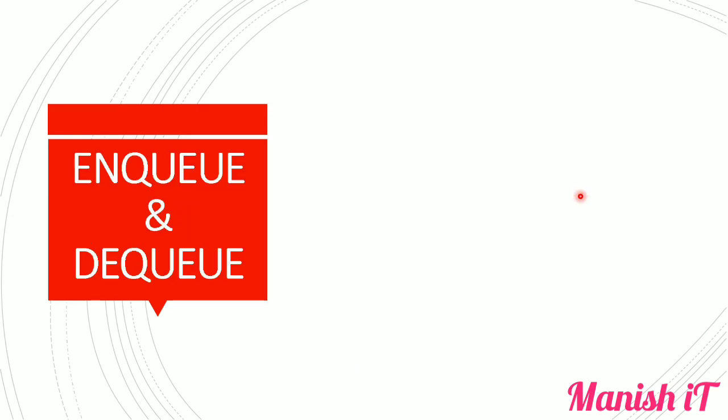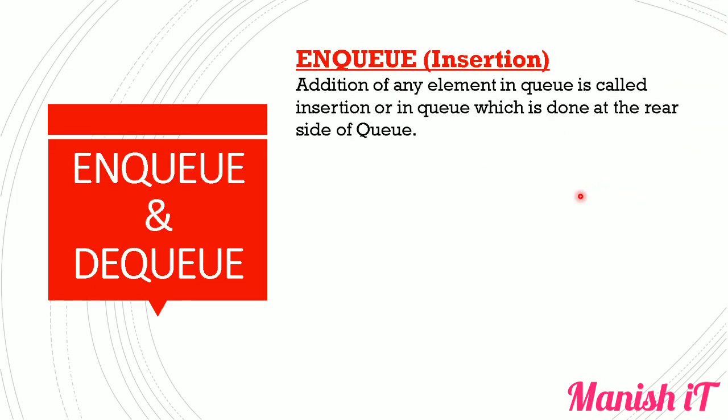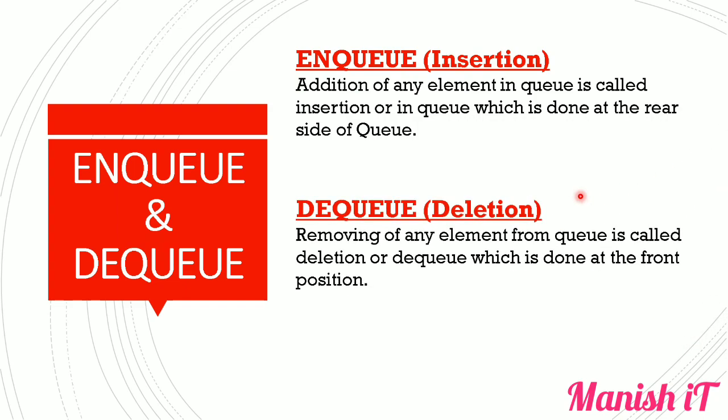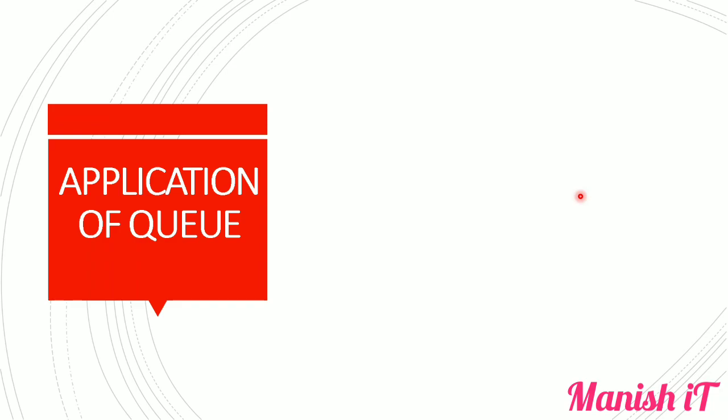So what is NQ and what is DQ? NQ is insertion. Addition of any element in the queue is called insertion or NQ, which is done at the rear side of the queue. Removing any element from the queue is called deletion or DQ, which is done at the front position.